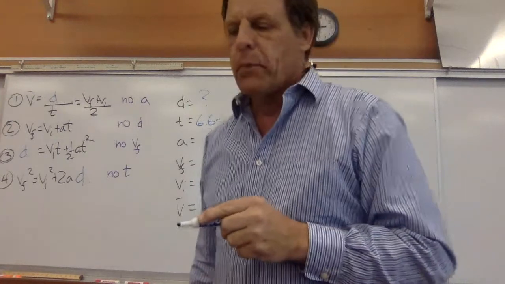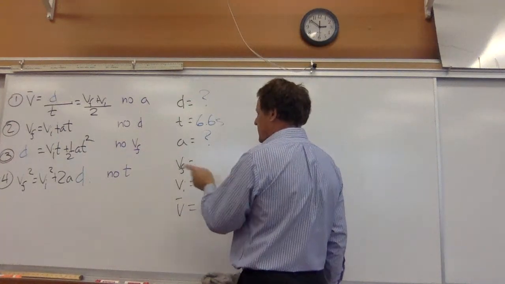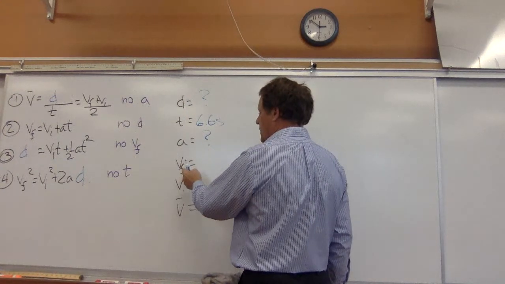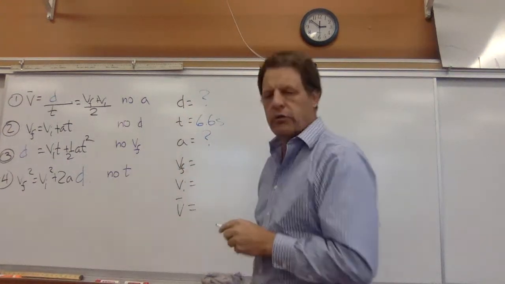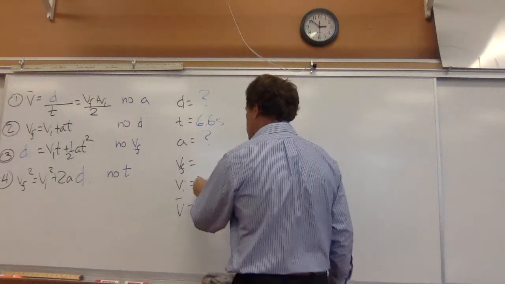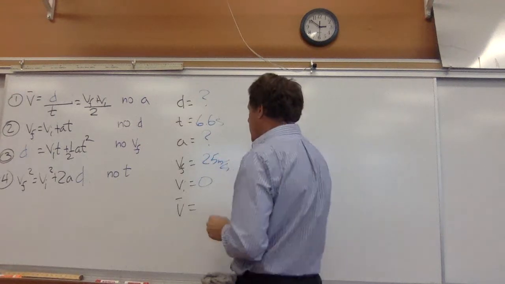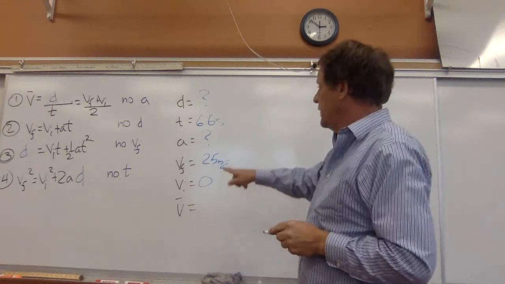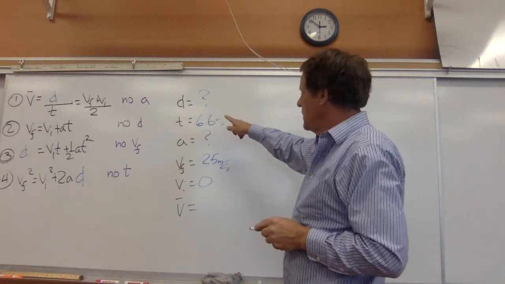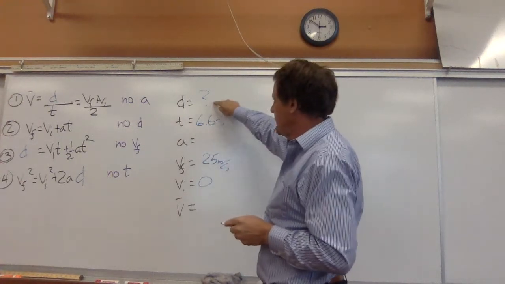We know what our initial velocity is. Our initial velocity is 0, and we have 25 meters per second. We don't know the average velocity, and they do not give us the acceleration, okay, but they're asking for the distance.